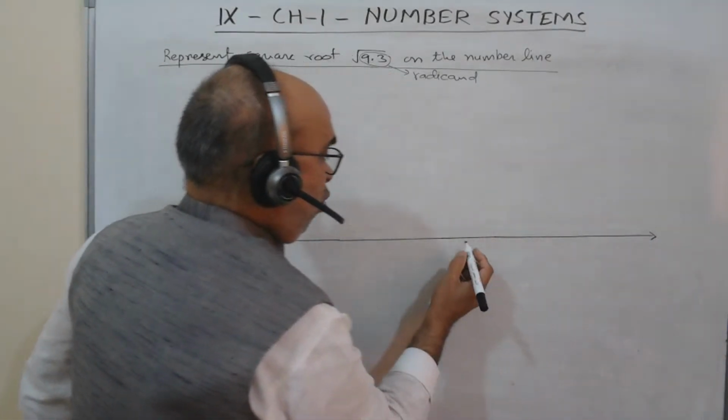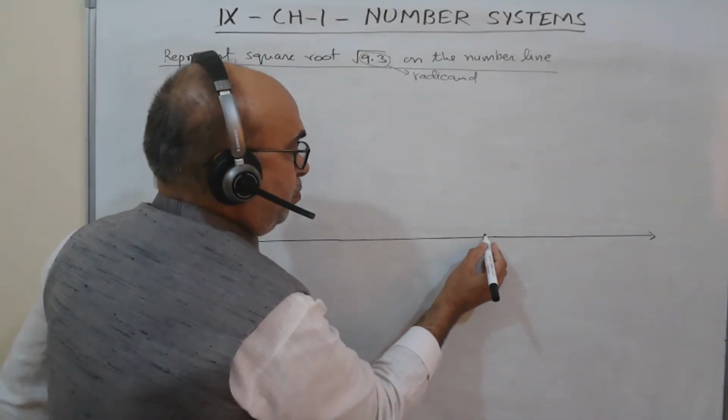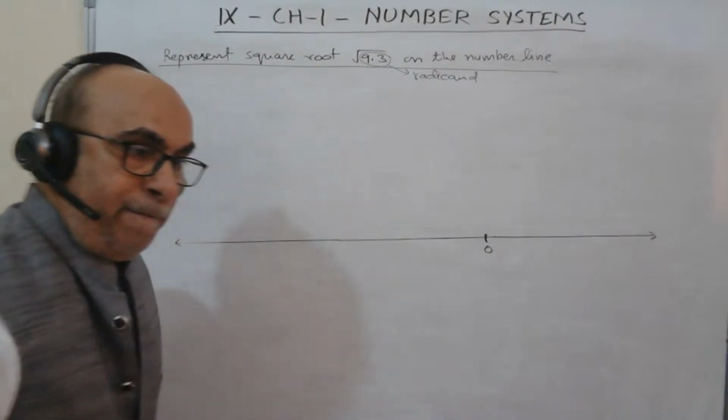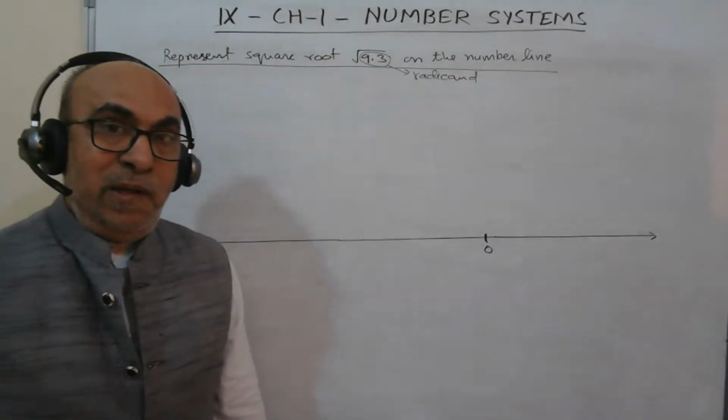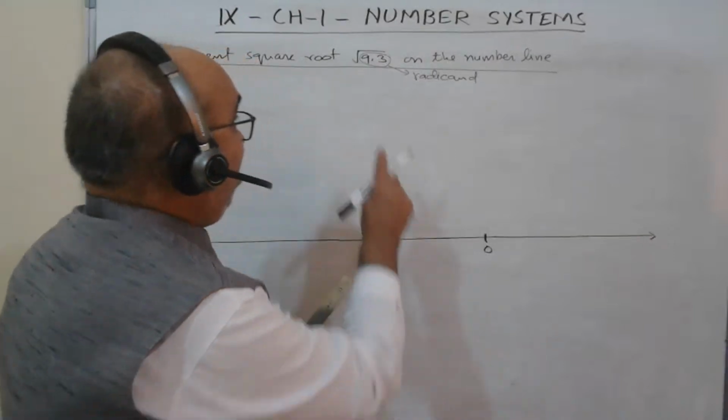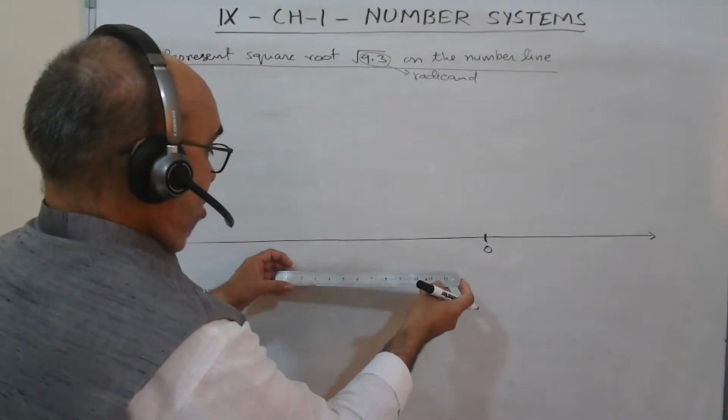Locate 0 on the number line, and then the negative of this radicand, 9.3.